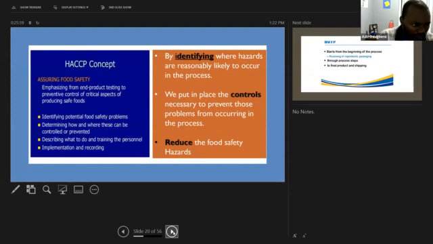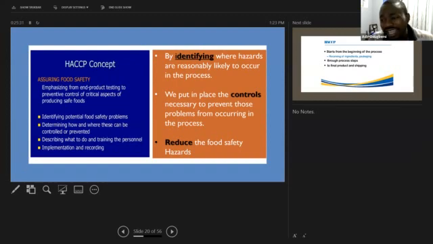So getting into the meat of it, what is the concept of HACCP? Like I said, it's all about food safety. It is not about product testing. A lot of people put emphasis that when we test the product at the end of the day, we'll be fine. No, HACCP is not about product testing.